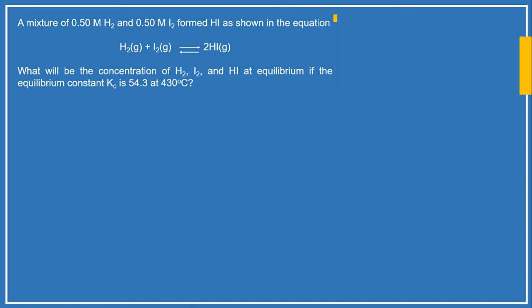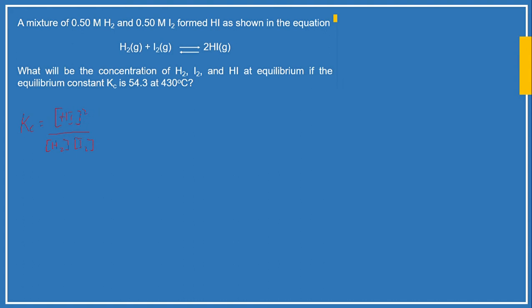So, again, first step is to write the equilibrium constant expression. So, our Kc is equal to, okay, ang product natin ay HI squared over concentration of H2 times the concentration of I2. So, this is our equilibrium constant expression.